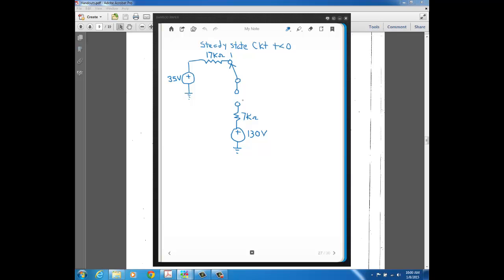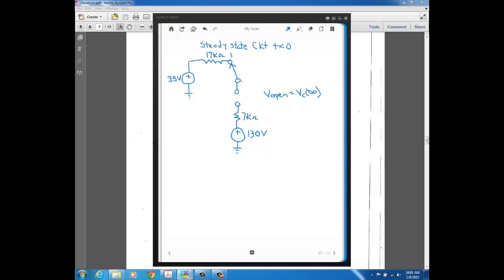Now we want to find what the voltage across that open is, because that's the steady state voltage of the capacitor. That will be something we need to know in order to determine the current through the 23k ohm resistor when the switch changes to position 2.